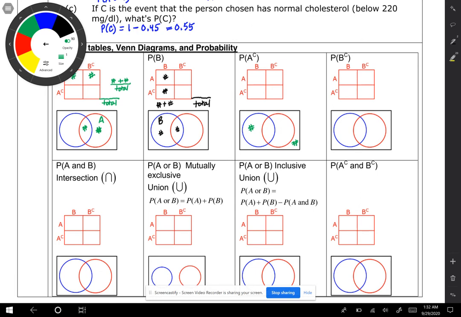So in the two-way table, where are those two pound signs? The probability that it's not A would be right here, because it's not A, but it is B. And then right here, because it's neither A nor B. Then you would add those two together and divide by the total.